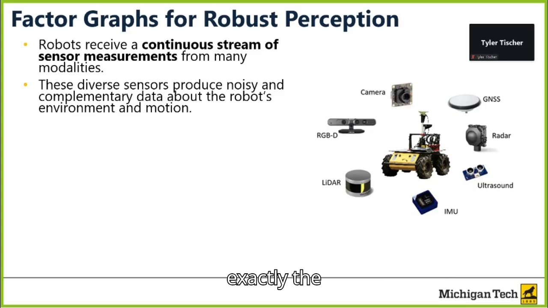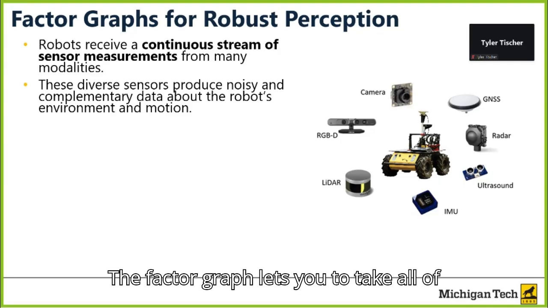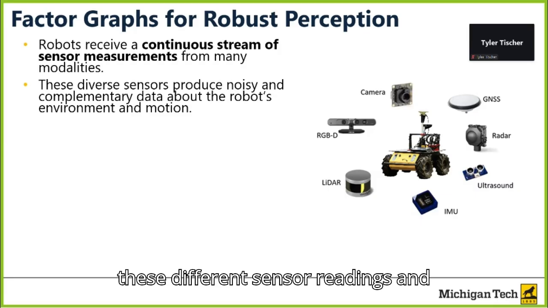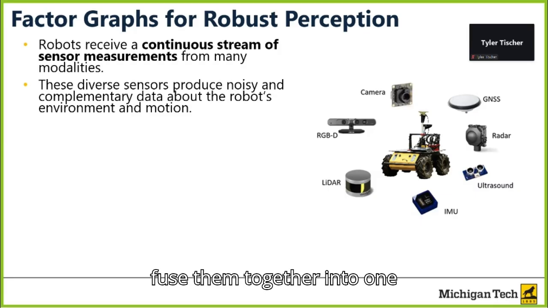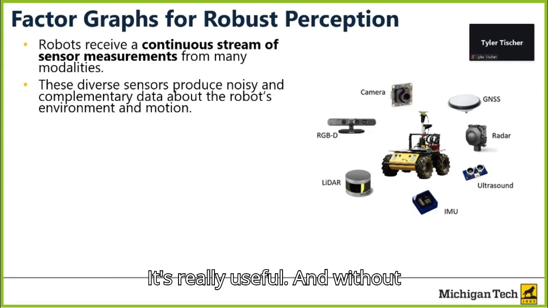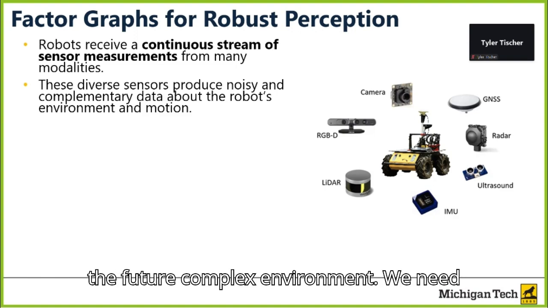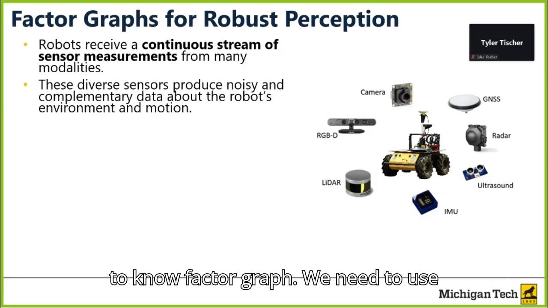This is exactly the power of the factor graph in this case. The factor graph lets you take all of these different sensor readings and fuse them together into one consistent framework. That's why I'm saying it's so amazing. It's really useful. And without learning that, we can't deal with the complex environments of the future. We need to know factor graphs.